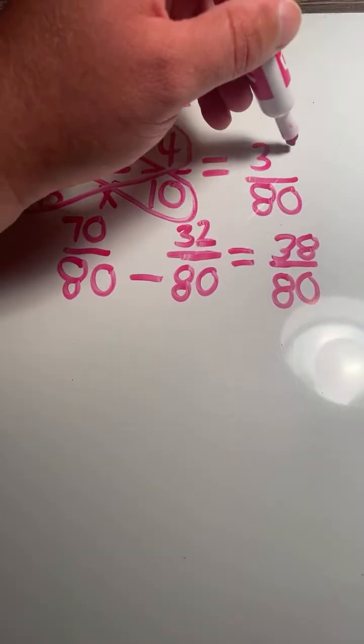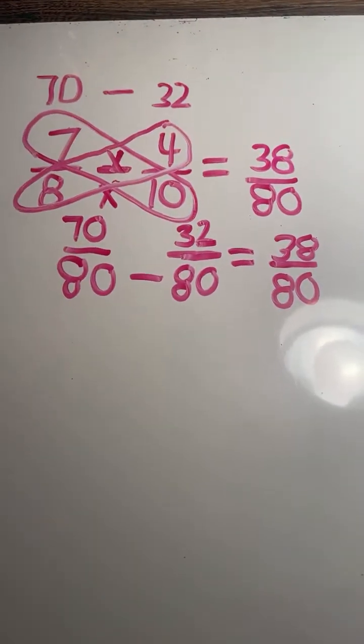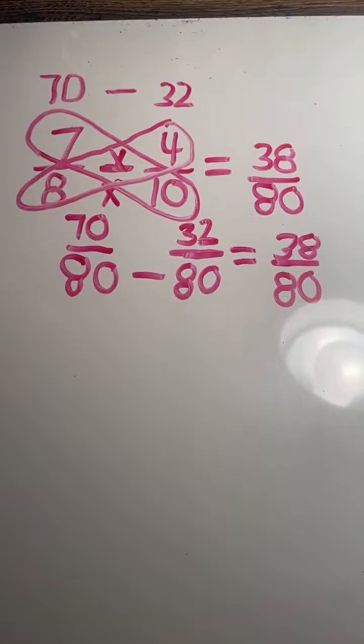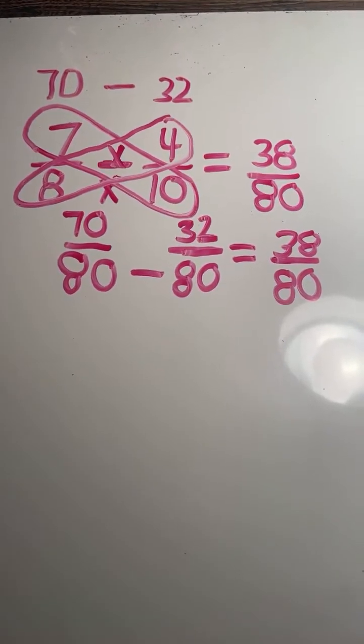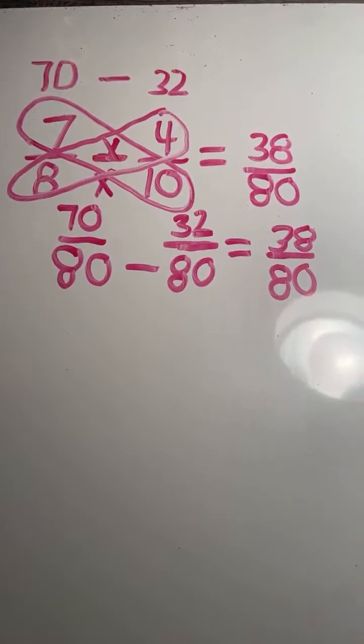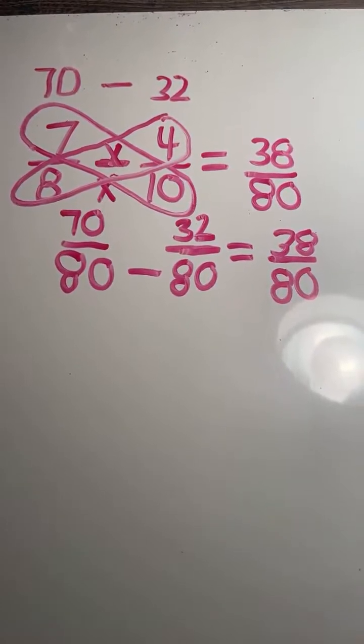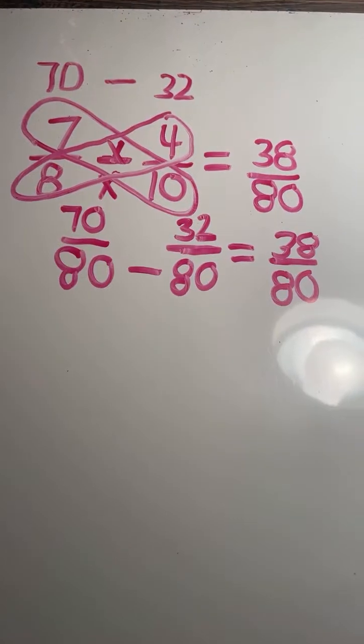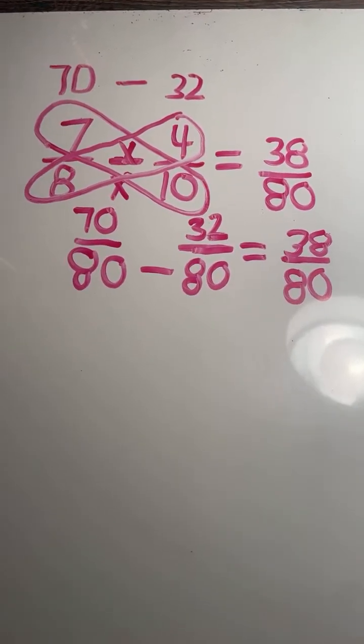And we have our answer, 7/8 minus 4/10 equals 38/80. 38/80, again, is another answer that is not in lowest terms. So on a separate live stream, I'm going to reduce some of the answers that were not in lowest terms into lowest terms. But that will be our final answer for this video.